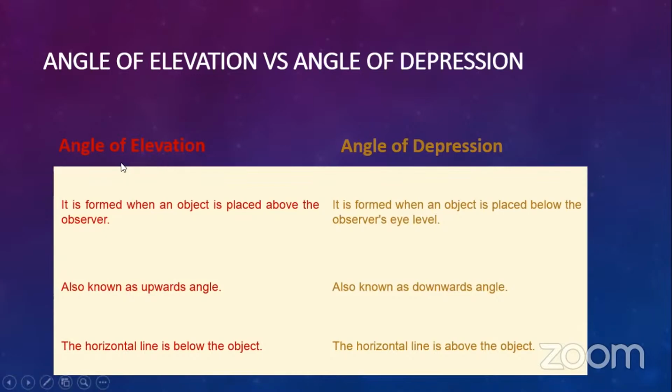See, simple: angle of elevation is nothing but when the object is above the observer. Means some object is just above the observer, so as I mentioned, when you lift your head and see upwards.